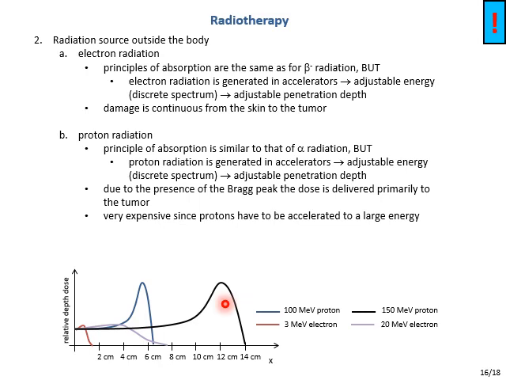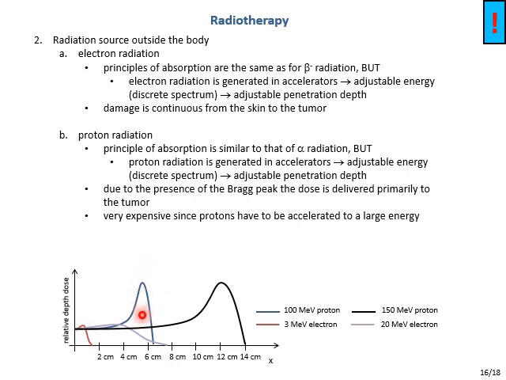can fine-tune how deeply the radiation penetrates, so we can adjust the energy of the proton beam to the location of the tumor, which is nicely demonstrated by this graph at the bottom of the figure.